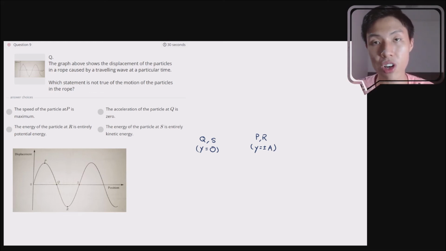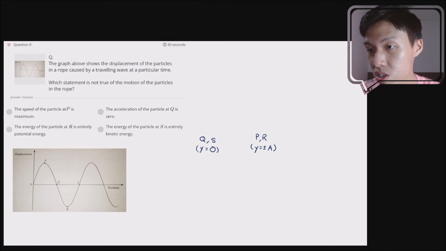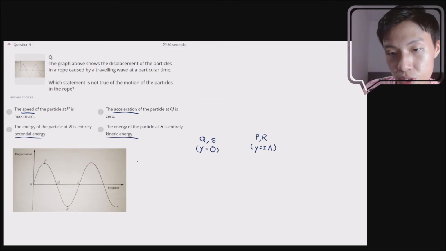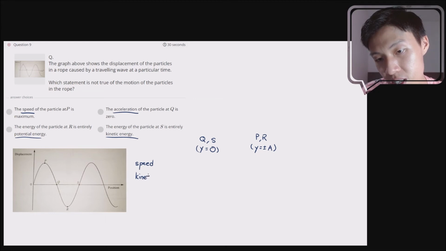So we need to recall what we learned from our SHM chapter. The 4 things that they're interested in are speed, acceleration, potential energy, and kinetic energy. So let's try to determine these 4 features over here. Speed is related to kinetic energy, so let's write kinetic energy first.